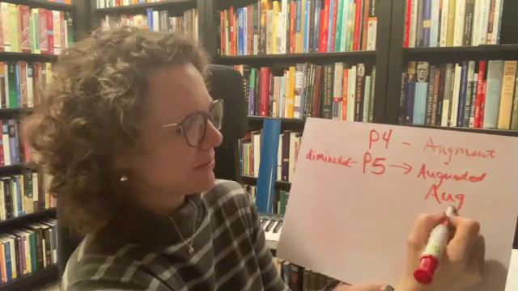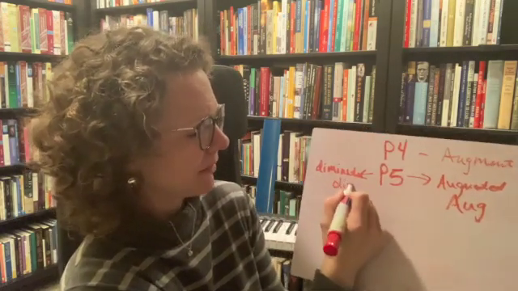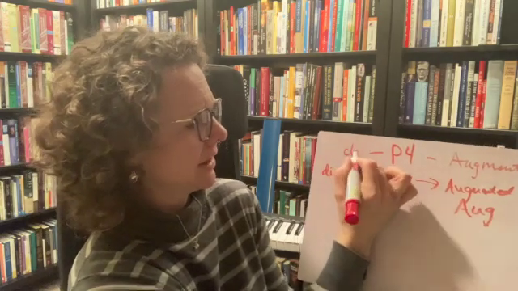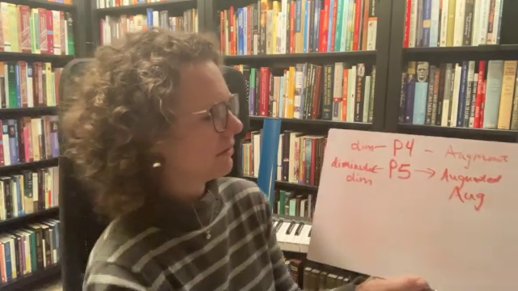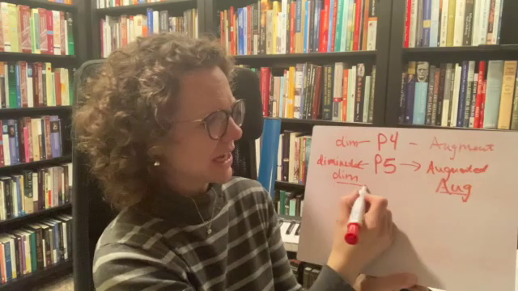And sometimes for short, for augmented, we just write AUG, and for diminished, we write DIM. Okay? If you don't want to write out the whole thing. AUG, DIM.